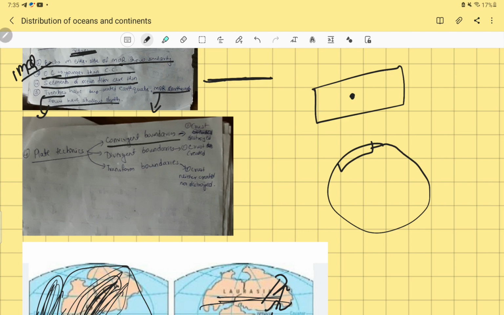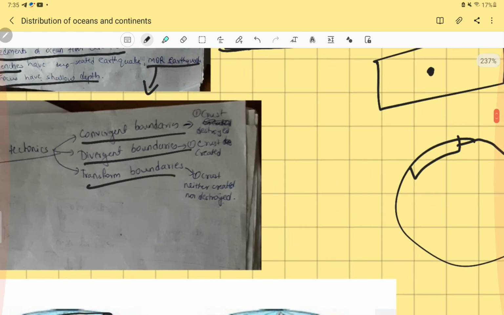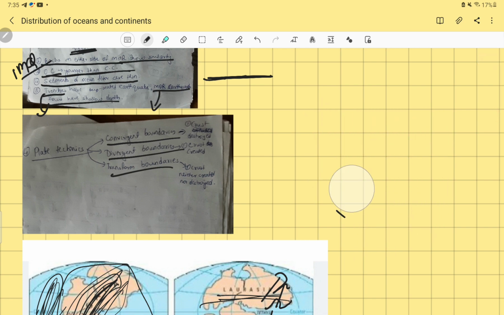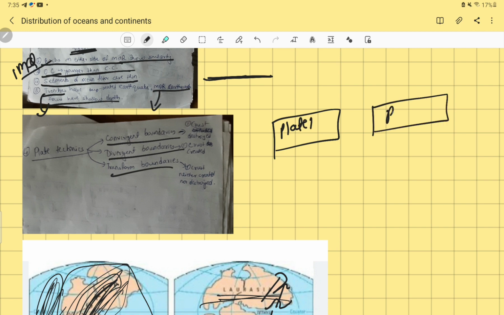When the plates move, you have convergent boundaries, divergent boundaries or transform boundaries. So what does a convergent boundary mean? See here. Say this is plate 1, then this is plate 2. When these two plates converge, move towards each other, crust is destroyed.